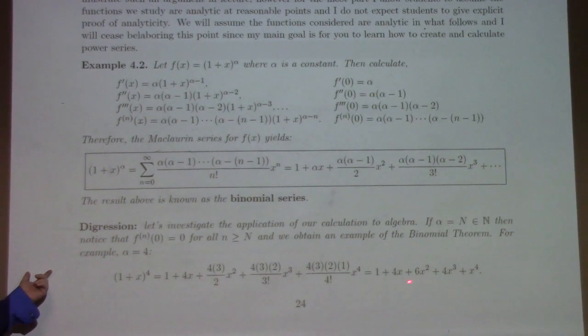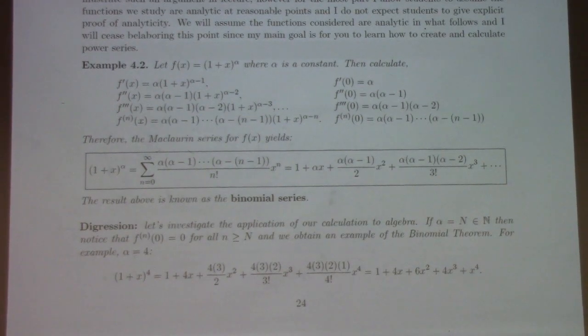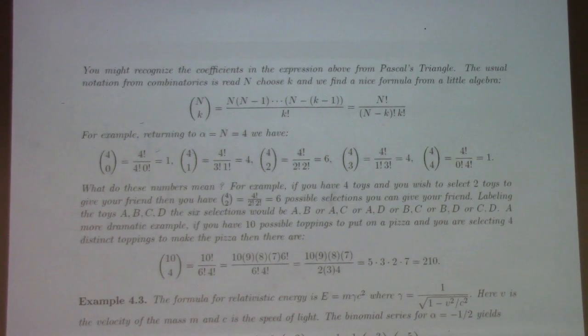Like, these numbers are those numbers. And so this is n choose k. N choose k, here's the formula I couldn't remember: N times (n minus 1) through (n minus k plus 1) over k factorial, which is exactly this.